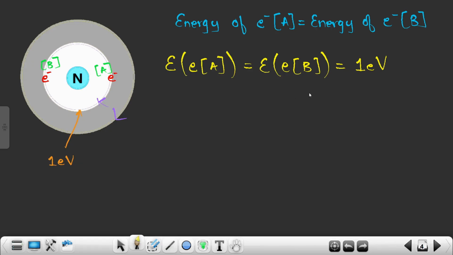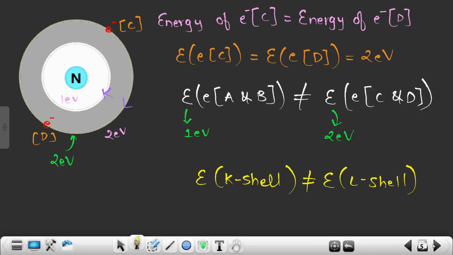So the energy of the electron would also be 1 electron volt. Similarly, if you move further, to the outermost shell, again we had just taken a random number, that is the outermost shell has the energy of around 2 electron volt. Again we had assumed this electron as electron C and this electron as electron D. So it has a fixed energy of 2 electron volt.